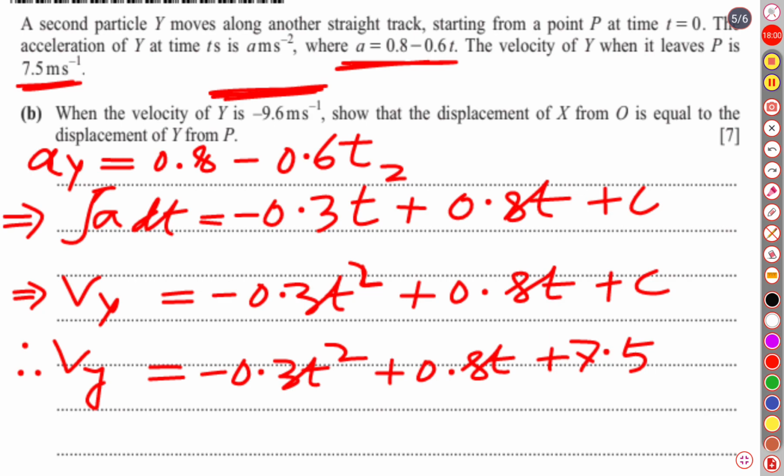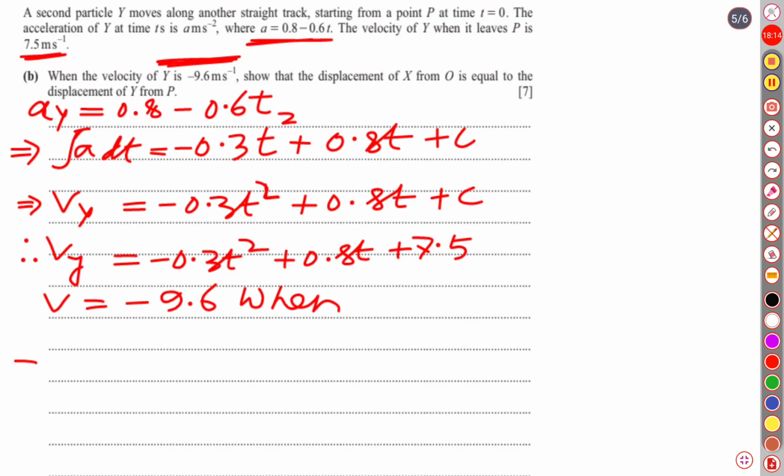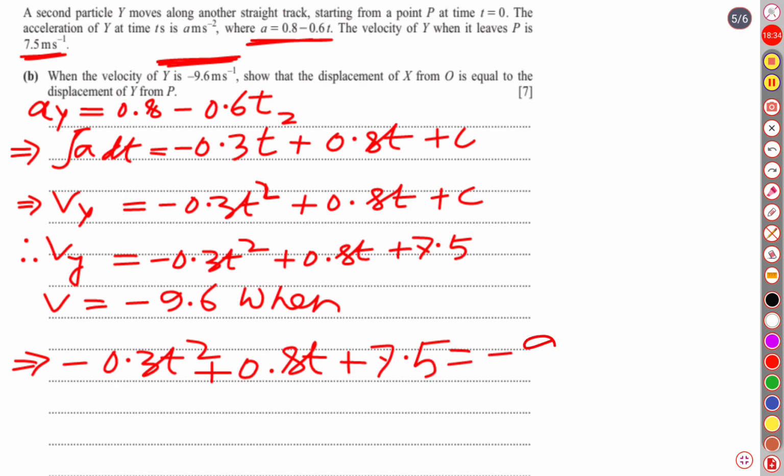So let us write, when v is equal to negative 9.6, our expression negative 0.3t squared plus 0.8t plus 7.5 is equal to negative 9.6.